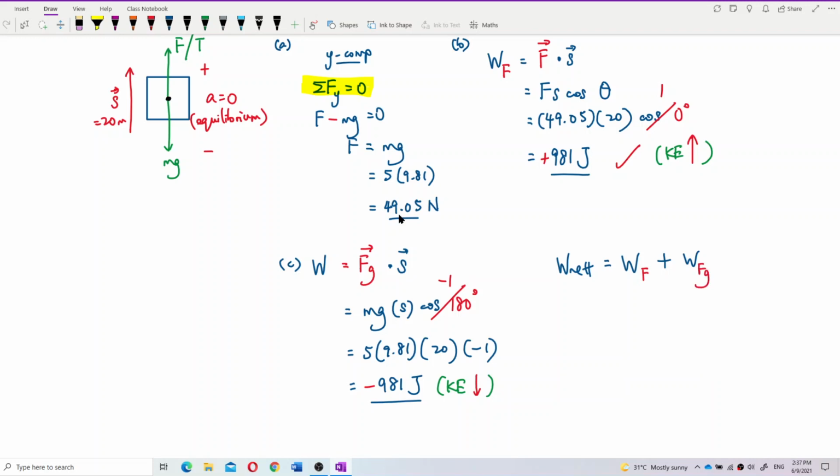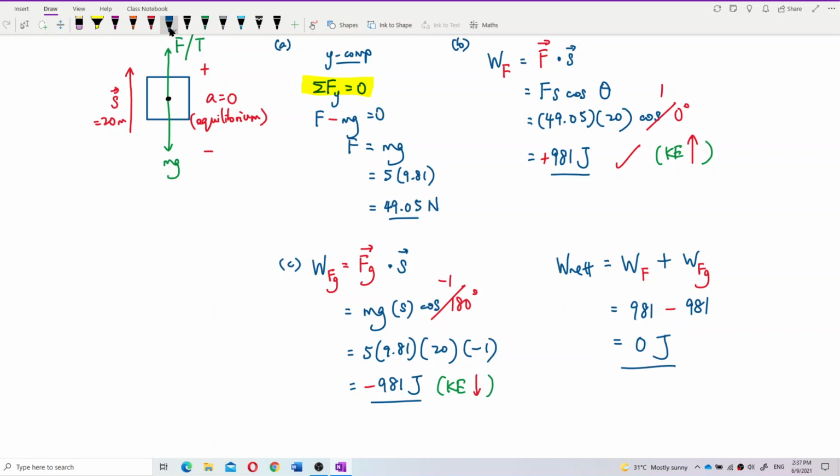This one is 981 joule. Gravitational force also 981, but it's negative, negative 981. So that's why it's equal to 0.